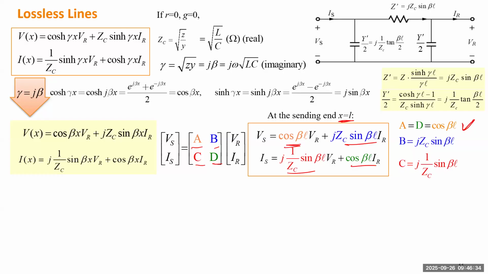So we have this relationship: A is equal to D. If the model is not symmetric, A is not necessarily equal to D.